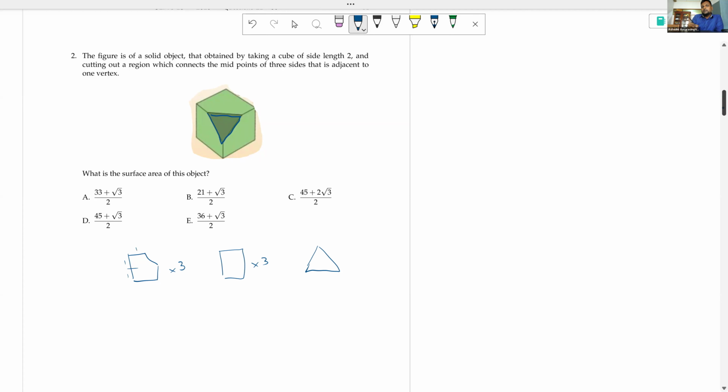You need to see what is this area, and because this whole length is 2, this is 1, 1, 1, which means this would be a 1, 1 triangle, which means this side would be root 2. And that would mean this side will be root 2 as well. And that would imply this side would be root 2 times square root of 3 over 2.